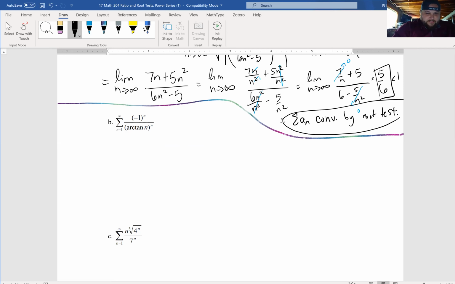Let me just rewrite this last one here. I think I'm going to go ahead and let you guys try these. So I just want this to be clear that this is 4 to the n over 3.